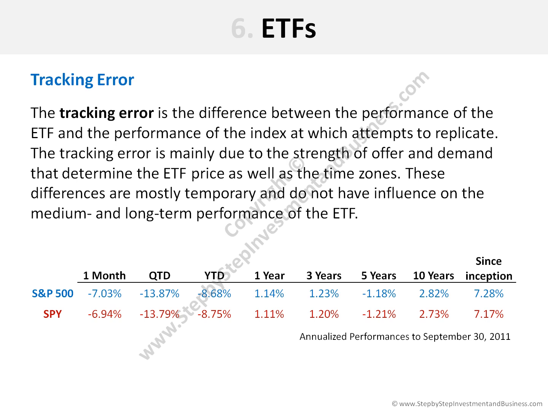Practically, the performances obtained through the ETF are the same as those of the S&P 500 index. The difference between the performances of the index and the ETF is what is known as tracking error. But as previously mentioned, these errors do not have influence on the medium and long-term performance of the ETF.